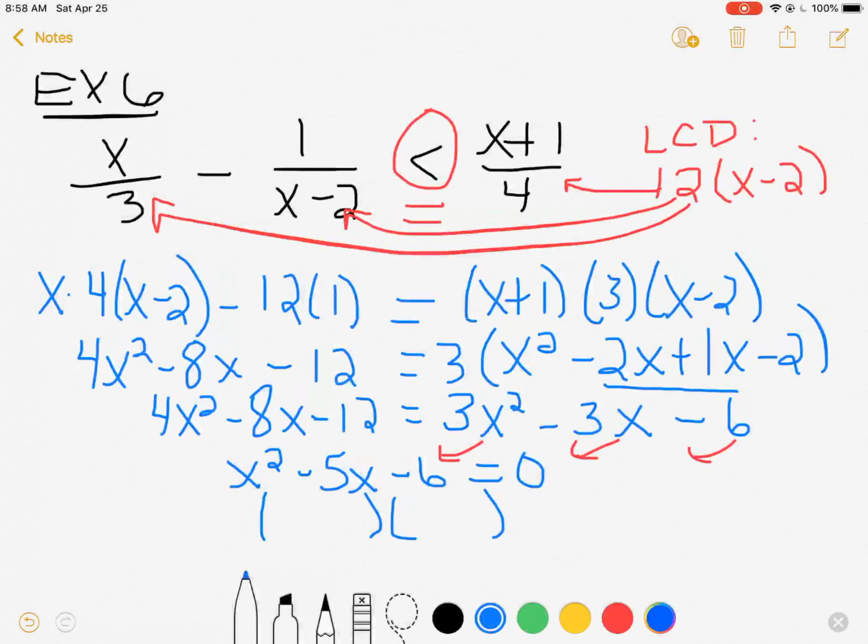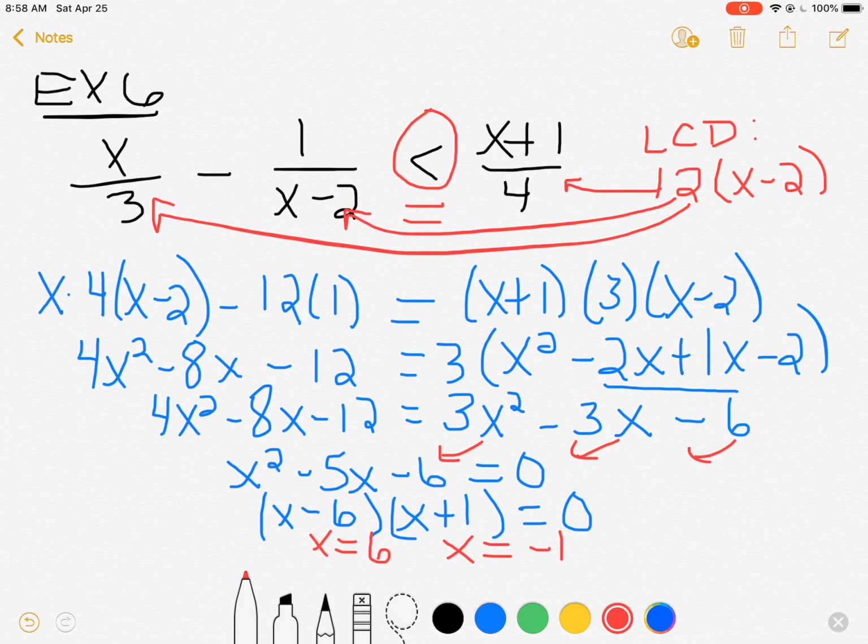Factor or use the quadratic formula. So x and x. What multiplies and gives me negative 6, and adds and gives me negative 5? Negative 6, positive 1. And then when I go to solve, here x equals 6, here x equals negative 1.